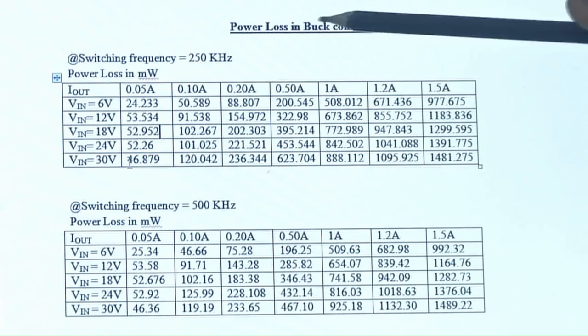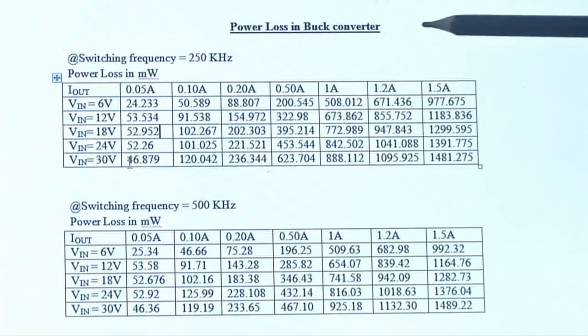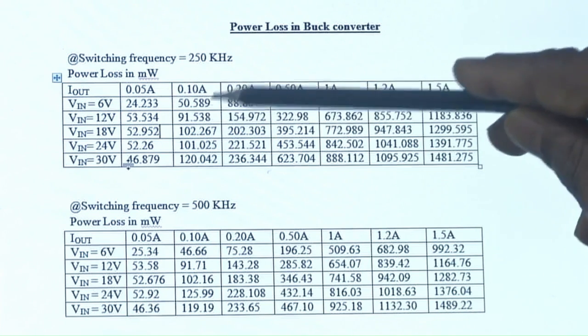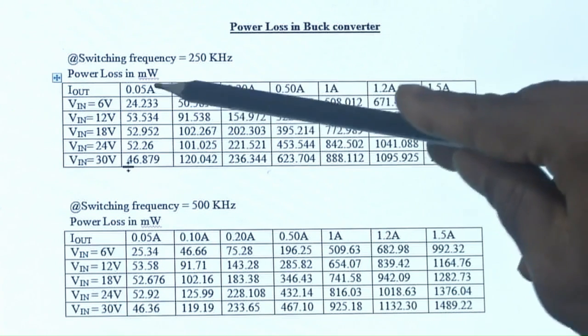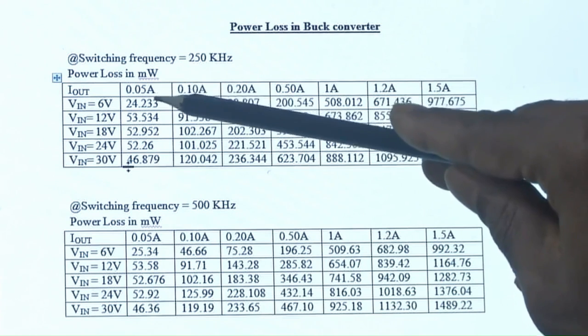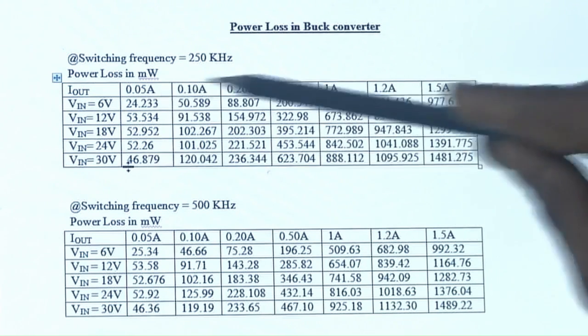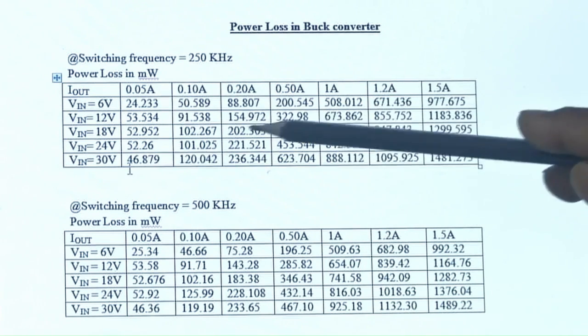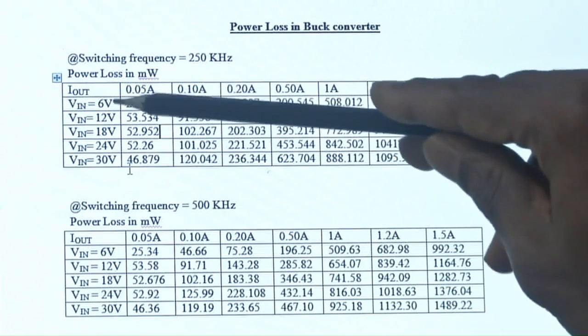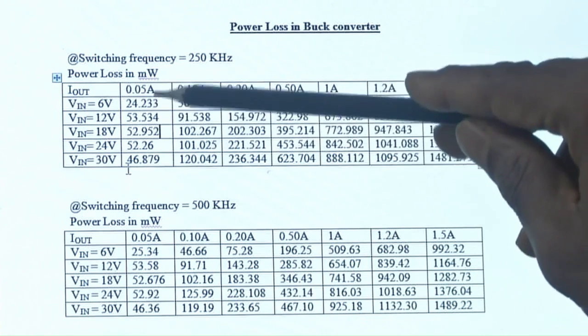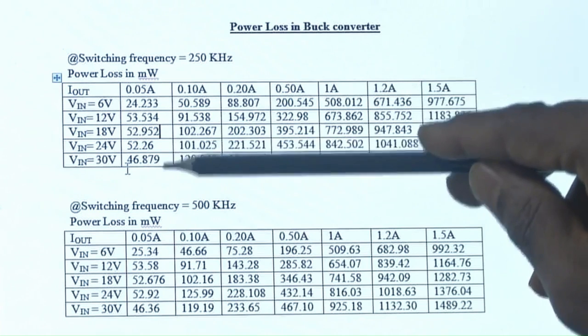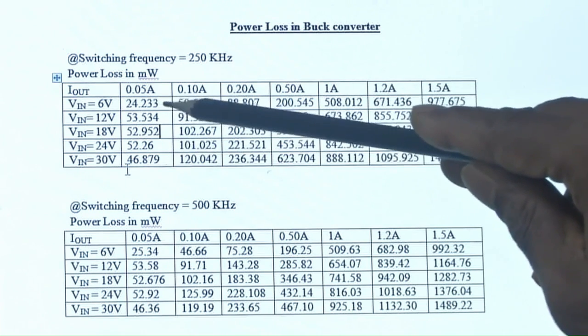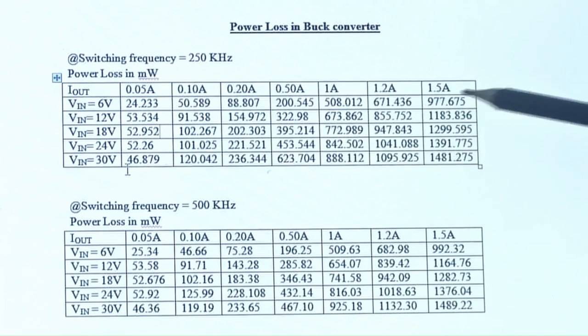As you can see, this is for 250 kilohertz, and for Vin from 6 to 30 volts, the power loss for small currents is 24 milliwatts, and it goes up to about 47 milliwatts for 50 milliamperes. And you can also look at what happens as the currents increase.